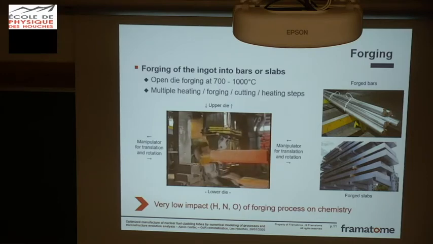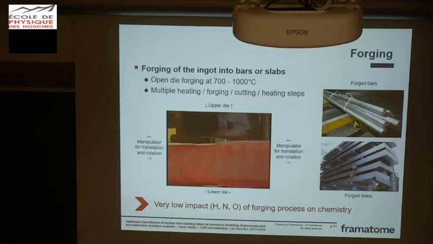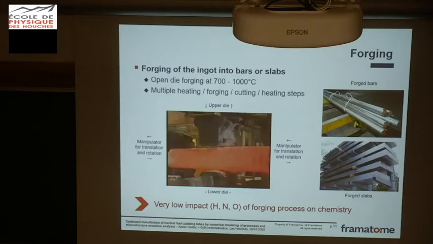So we have multiple heating, forging, cutting, heating steps, and so on, in order to reduce the diameter of the ingot at the end. If you want, you can see this in Eugene. It's not so far from here. And at the end, we have these forged bars that we will cut into billets for hot extrusion. And we also manufacture flat products for hot rolling and cold rolling.